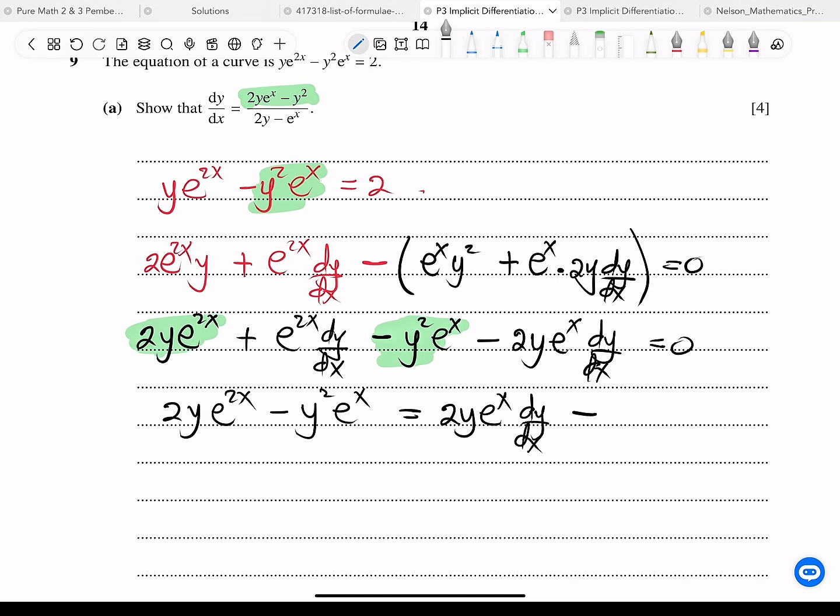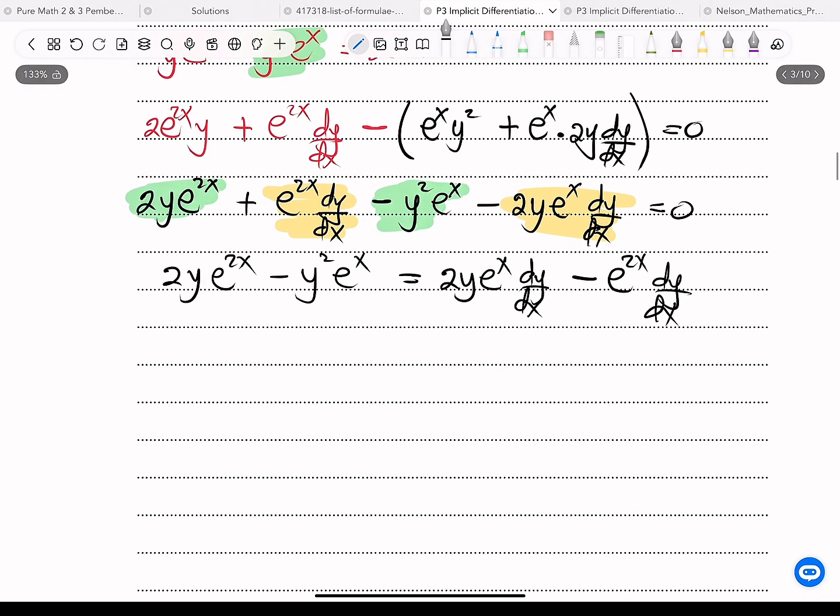Then I'll have minus e to the power 2x dy/dx, okay? So what I did was to move this to the other side and move this to the other side. So now we have 2y e to the power 2x minus y squared e to the power x. And I'm going to factor this dy/dx out, leaving me with this guy.